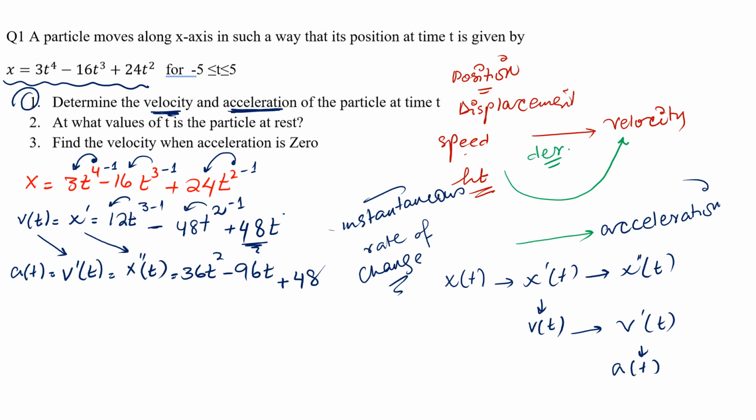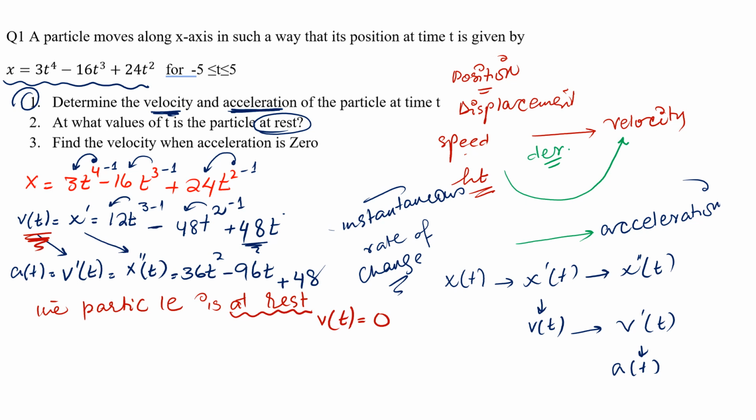So now we are done with part 1. Part 2 states: at what values of t is the particle at rest? Remember, the particle is at rest only when the velocity is 0. Whenever the statement says at rest, it means that the velocity function equals 0.